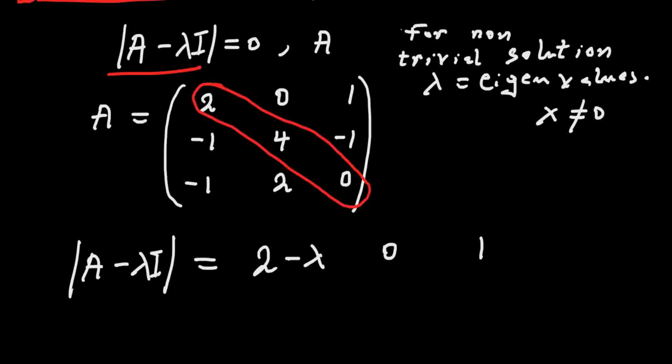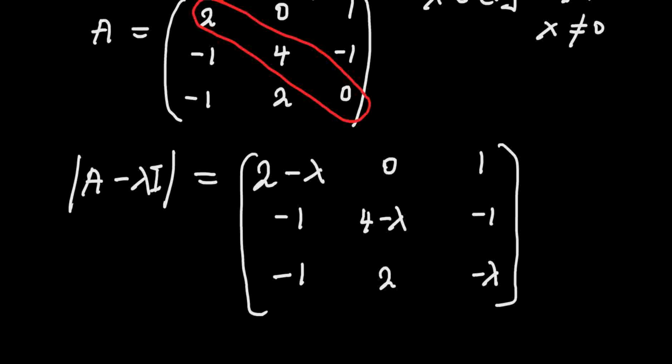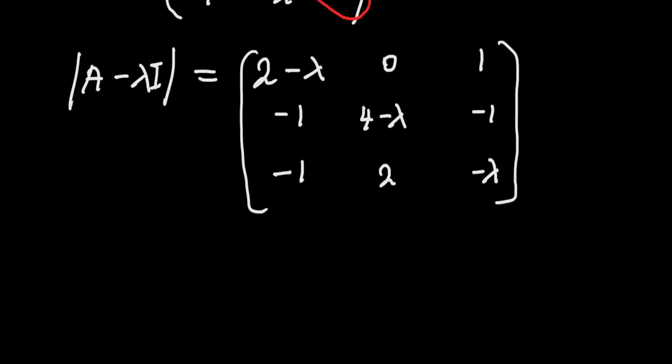And then the second, we have -1 and 4 minus lambda, -1, and then also we have -1, 2 and 0 minus lambda, which will simply give us negative lambda. So put the whole of this in parentheses.